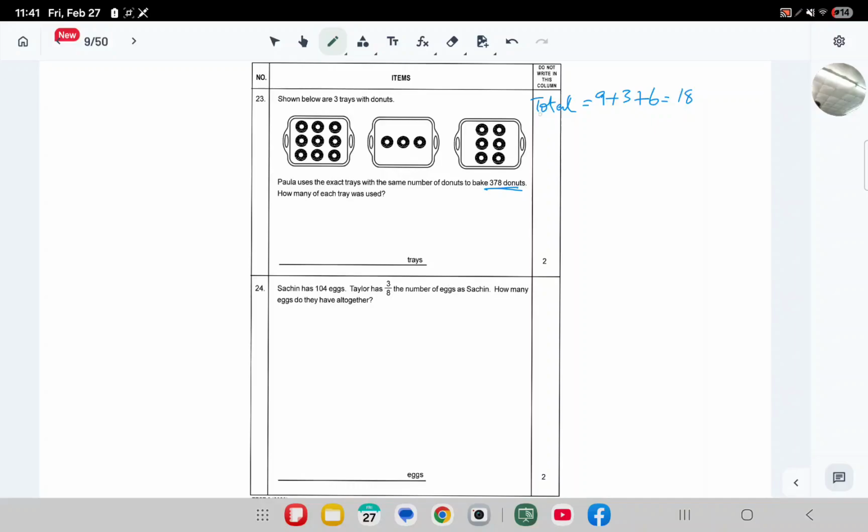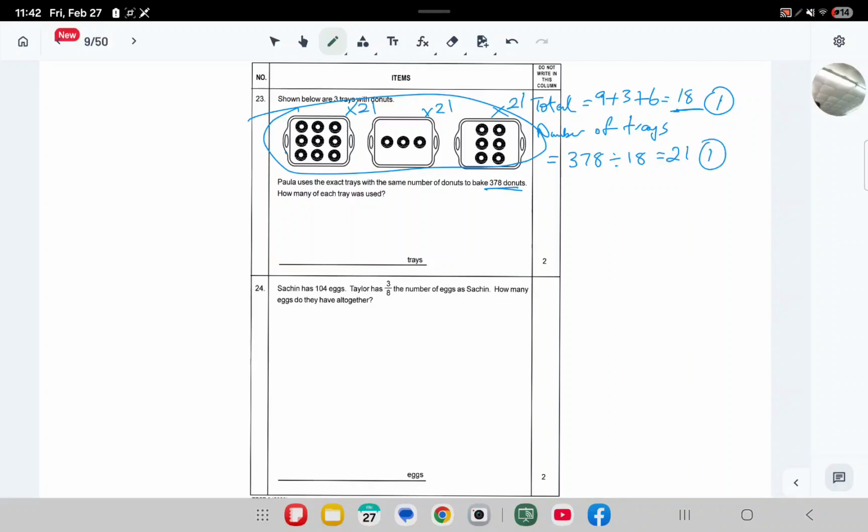So to calculate the number of trays, it will be the total, which is 378, divided by the number of donuts in one set of trays, which is 18, and that will give us 21. So you're using 21 of these, 21 of these, and 21 of these. Alright. 1 mark each.